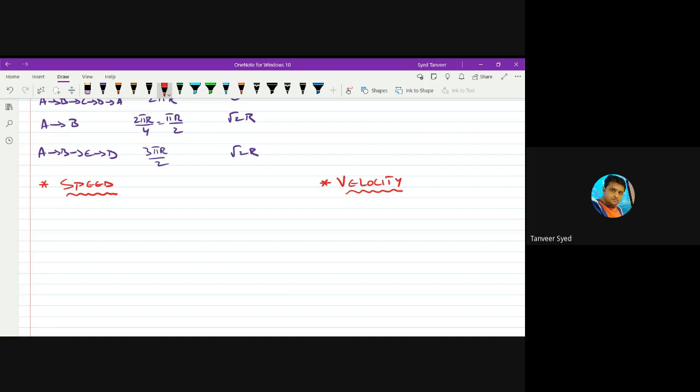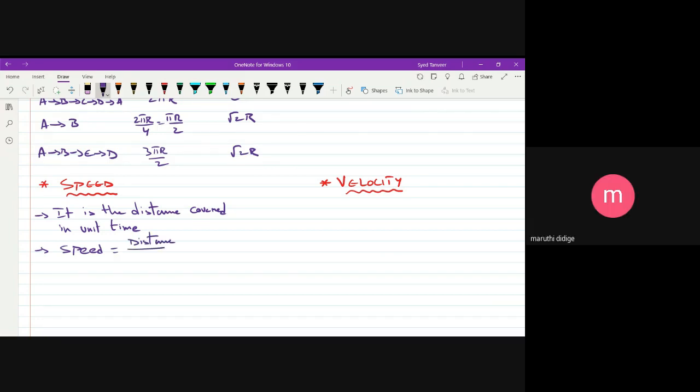In physics, how we define speed is, if a body is in motion, its speed is defined as the distance covered in unit time. Distance covered in unit time, speed. So mathematically, speed is equal to distance by time.